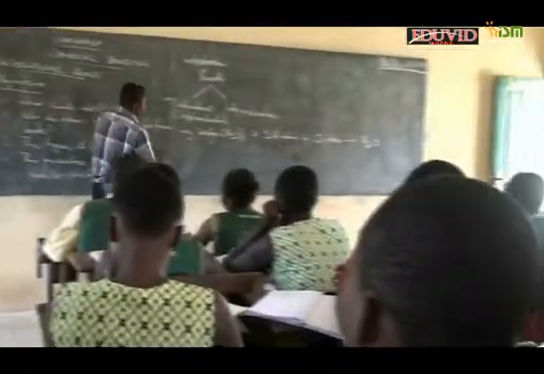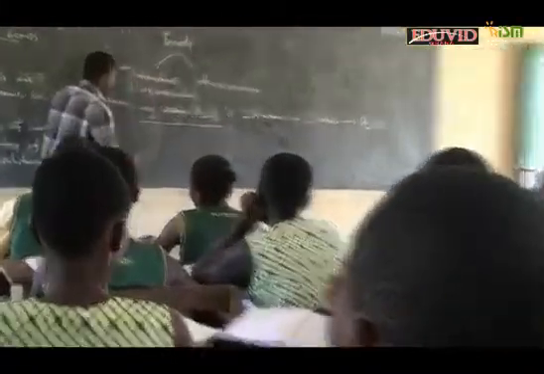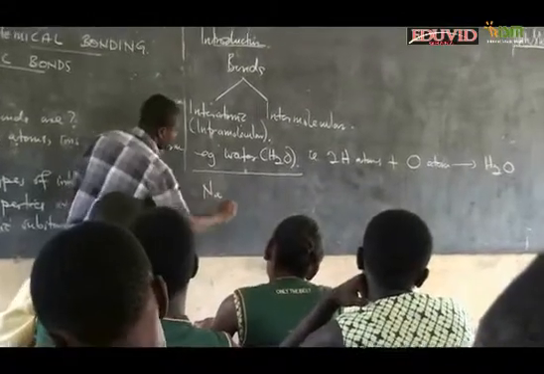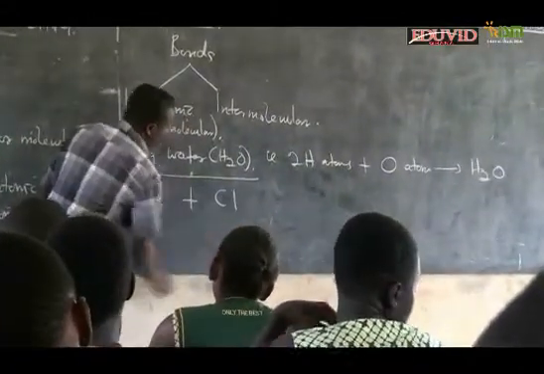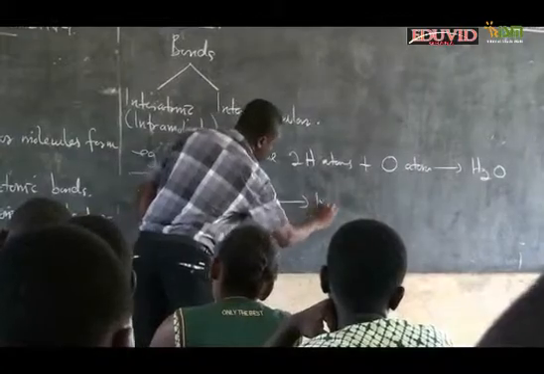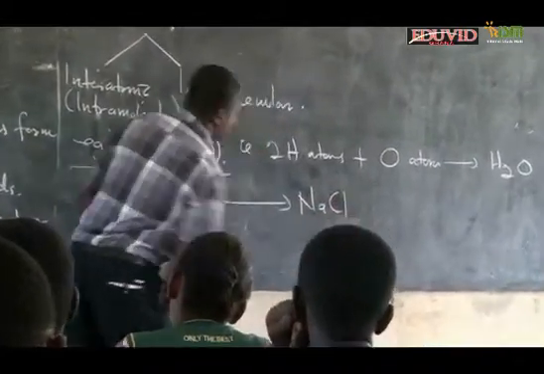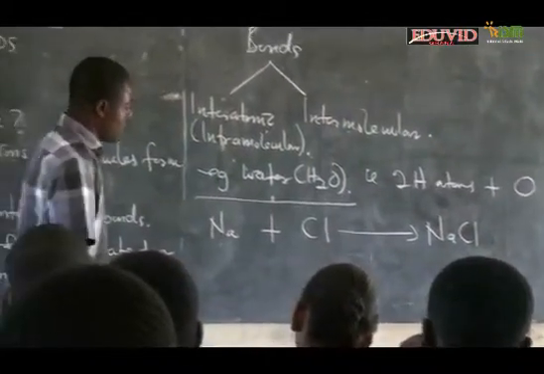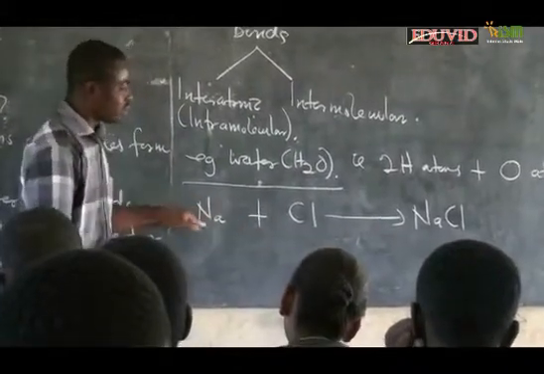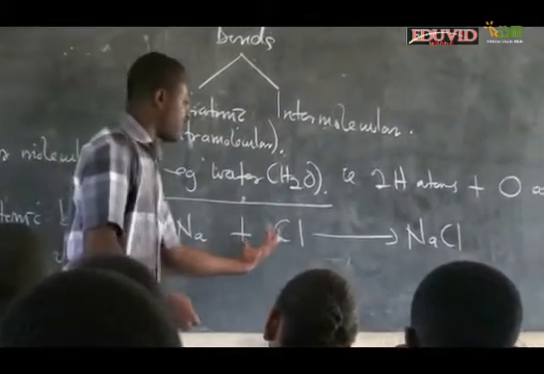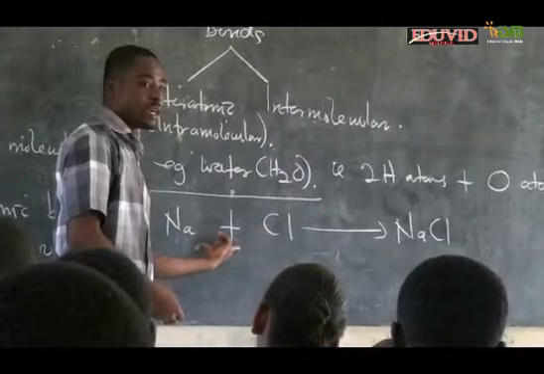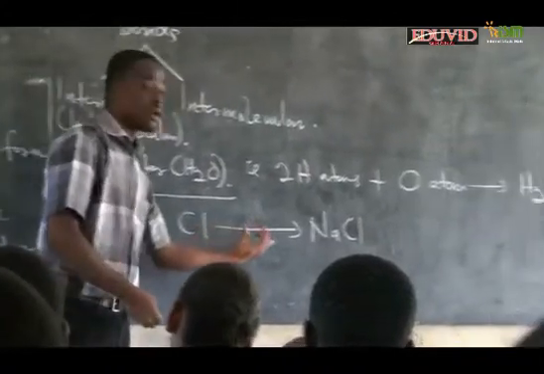Now, for the various bonds, if I have, let's say, a sodium atom combining with a chlorine atom, that gives a molecule of sodium chloride, NaCl. Now, if the species combining are ions, then the type of attraction that brings the two entities together is what we call the ionic bond.